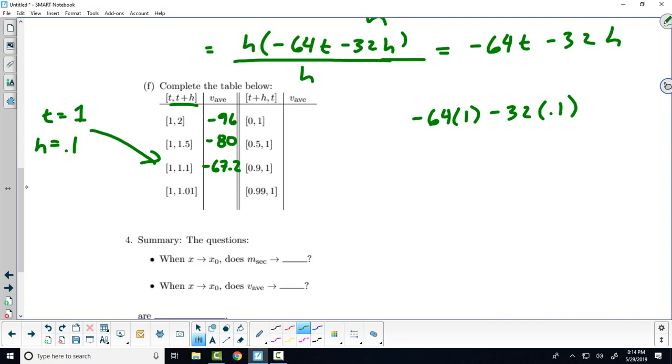So we didn't have to reinvent the wheel. We didn't have to start all over calculating the average rate of change. So who would be h in this one? Well, t is still 1 here, and h is 0.01, right? Okay, if you crunch that, you get negative 64.32.